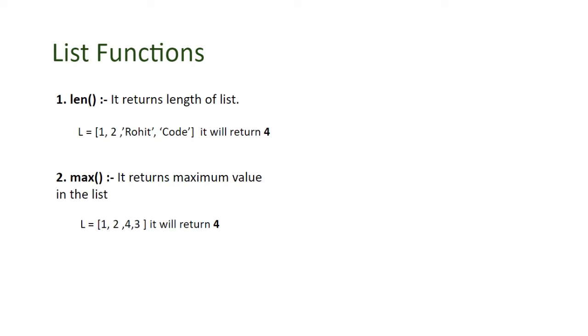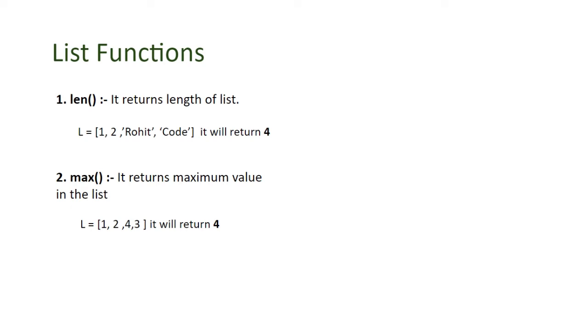You pass all those numbers and then press enter, and then you use the max function. It will return the maximum marks in a subject. Similarly, in this example you can see L equals to 1, 2, 4 and 3. So it will return 4 because it is the maximum value.